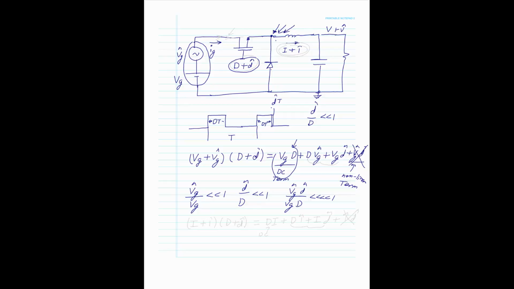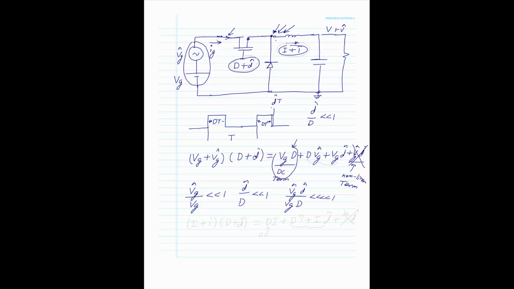And then we're going to find, what's the AC model for this input section here? Well, this is I plus I hat. When the switch is on, it's going to see I plus I hat, and when the switch is off, it's going to see no current flowing here.